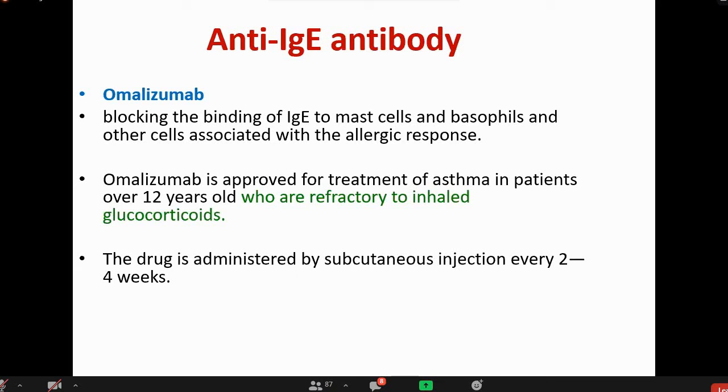Why? Because on the first exposure, our immune system is going to be activated and it is going to produce antibodies against that foreign substance, against that antigen, right? So after exposure, now immunoglobulin E is present in our body.